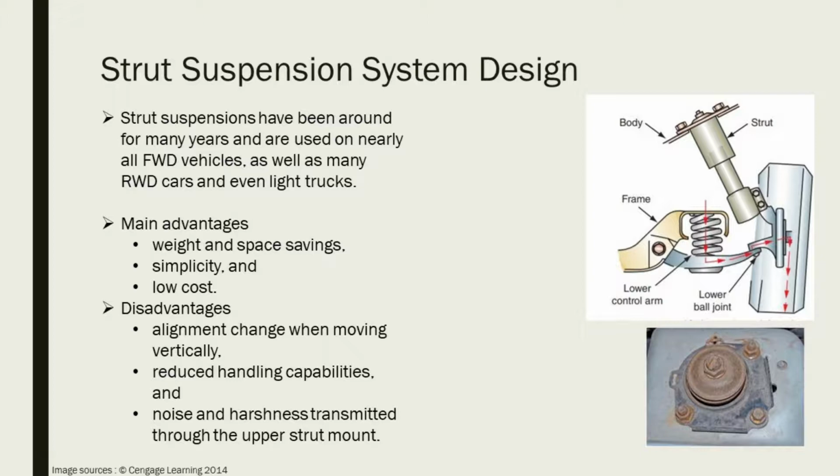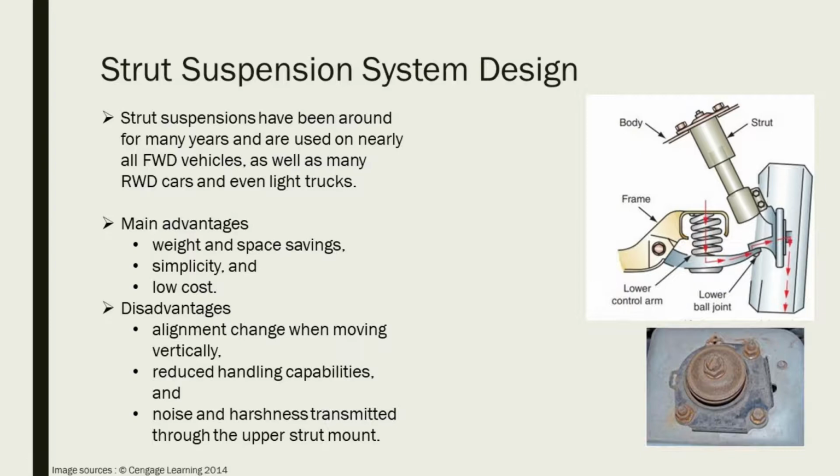Strut suspensions have been around for many years and are used on nearly all front wheel drive vehicles as well as many rear wheel drive cars and even in light trucks. So many advantages of strut suspension are it is low weight and space saving. It is a very simple design and low cost.